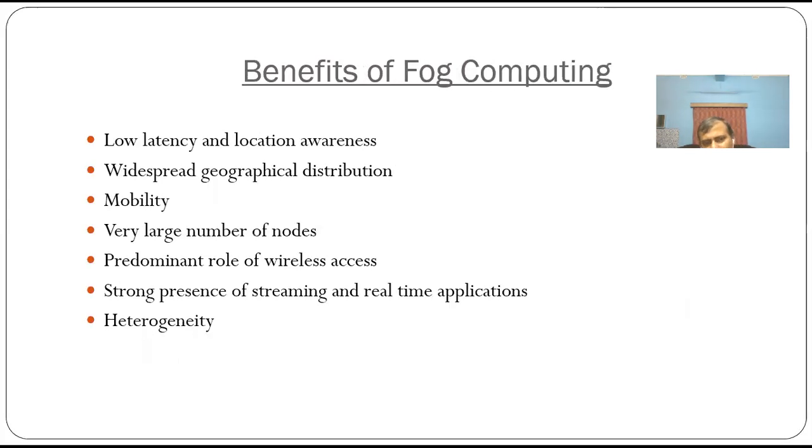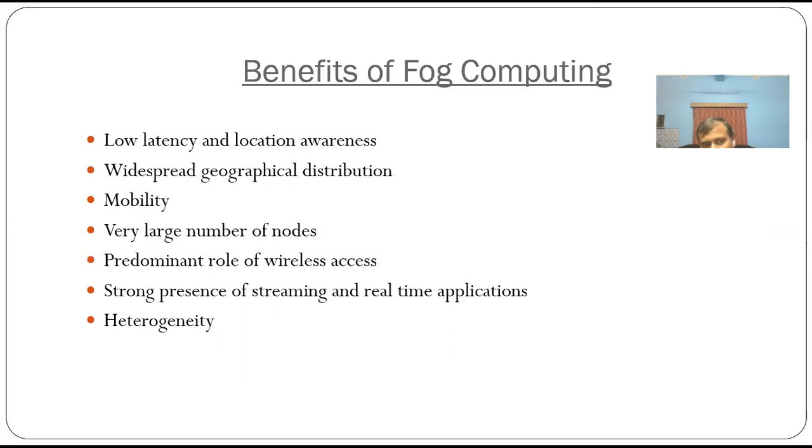So what are the specific benefits of fog computing? One is low latency and location awareness. In case of cloud computing, the end users are not very much aware of the existence of the data in the cloud. But in case of fog computing, the devices are aware of the locations of the other devices. It can be implemented with a widespread geographical distribution. It supports mobility.